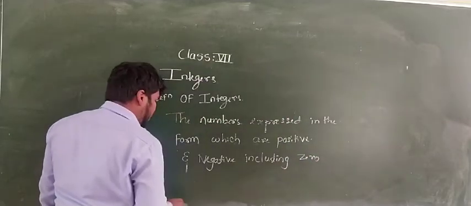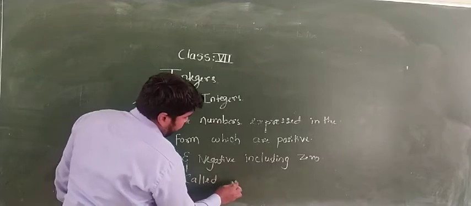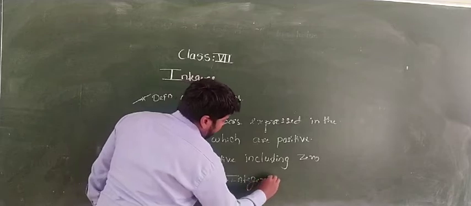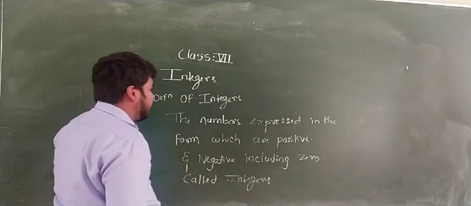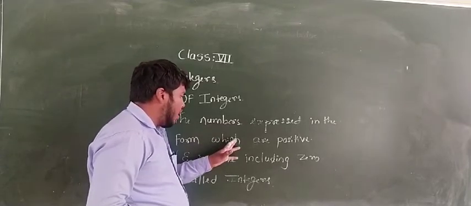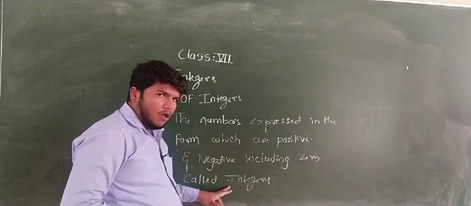Such type of numbers are called integers. So this is the definition of integers. The numbers expressed in the form of which are positive and negative including zero are called integers.